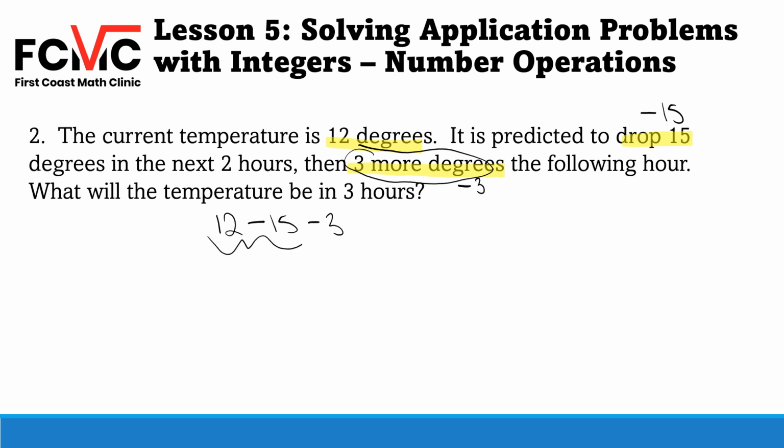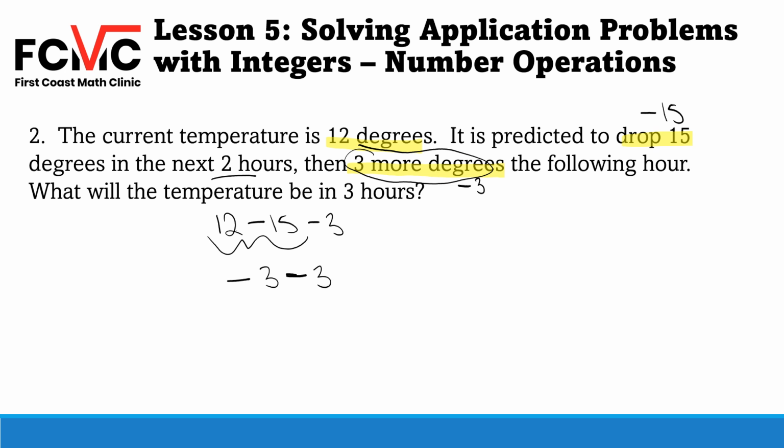So starting with 12 minus 15. We're subtracting a smaller number minus a larger number. So our answer is going to be negative. And then 12 minus 15, the difference between 12 and 15 is going to be 3. So we're going to get negative 3.